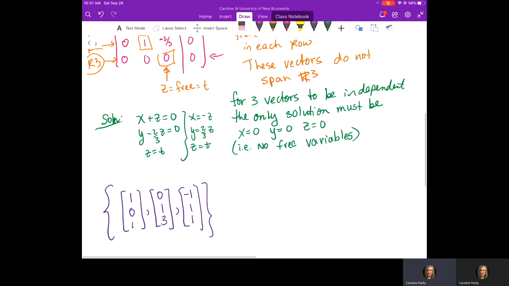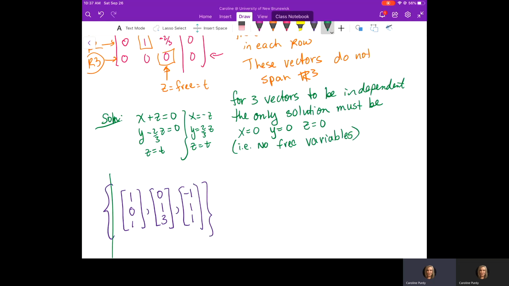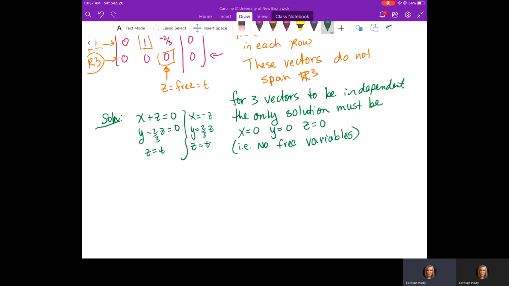So my solution to this is x equals minus t, y equals 2/3 t, and z equals t. So definitely this has more than just one solution. It's dependent. And if you wanted the dependence relation, you would just plug a number in for t.